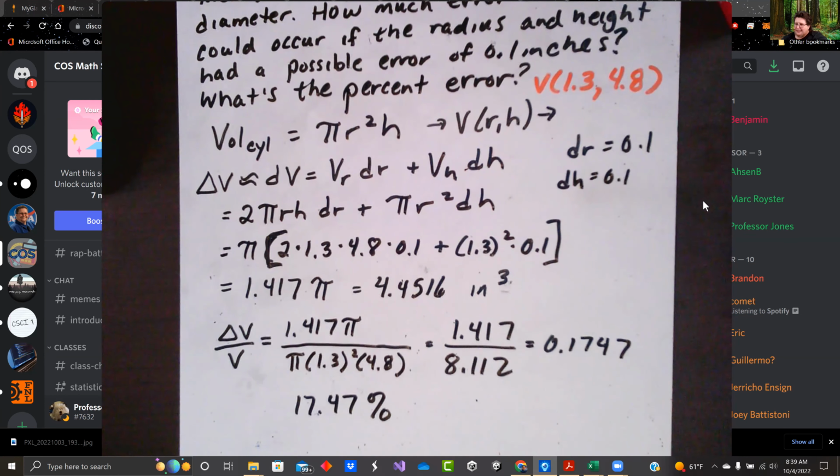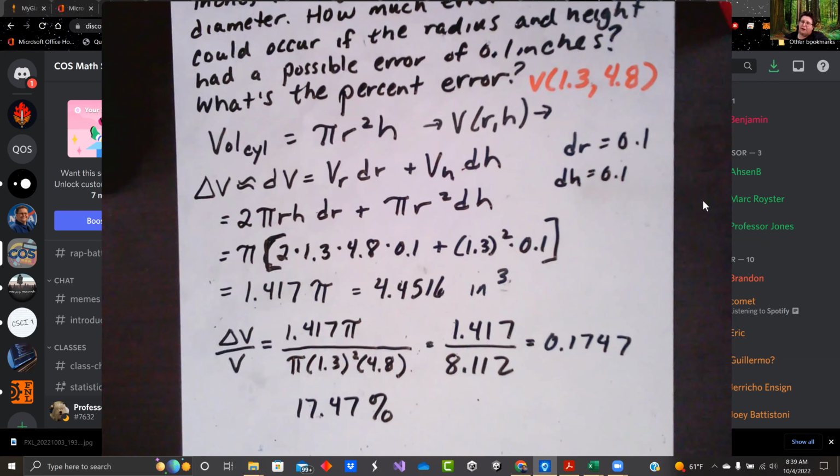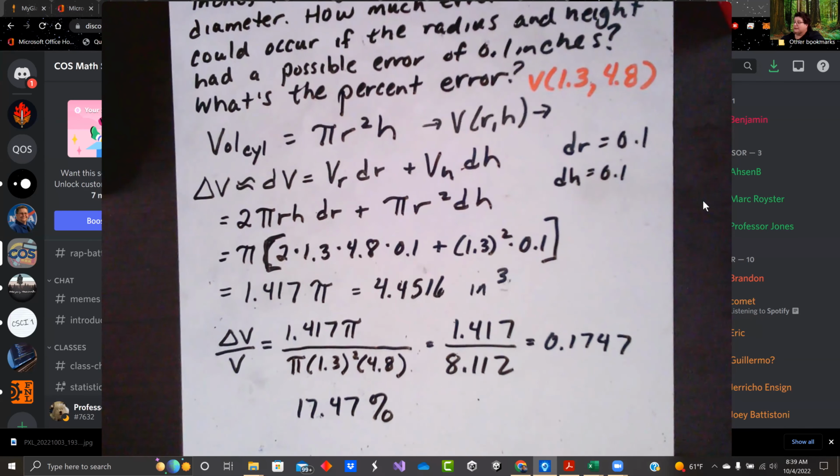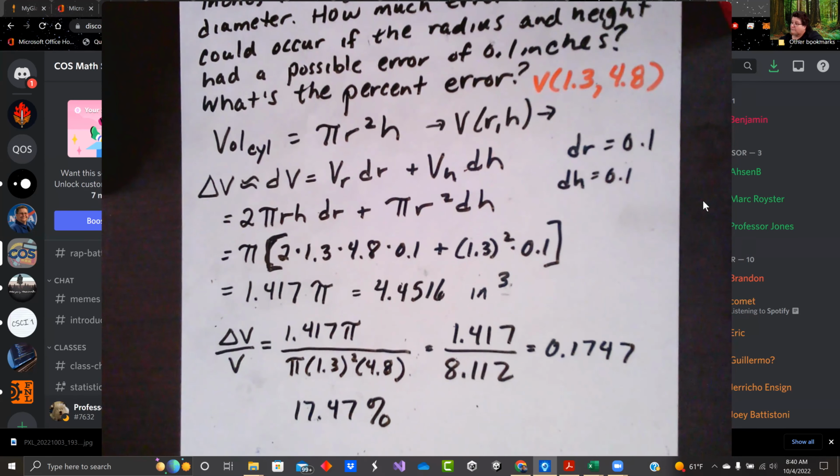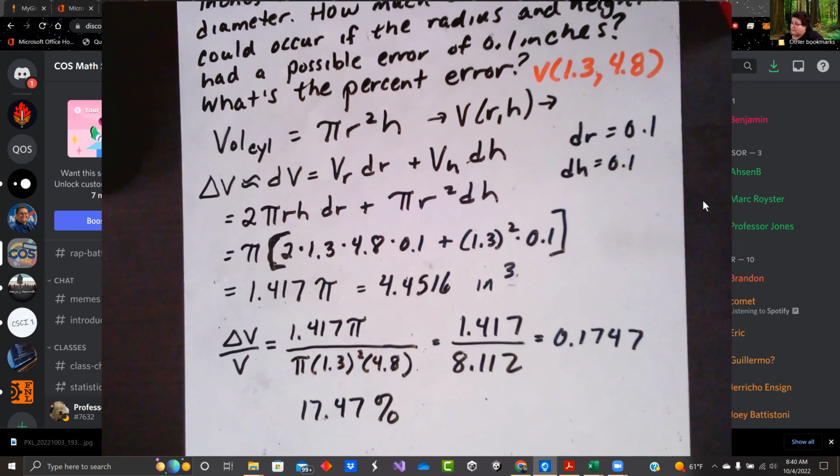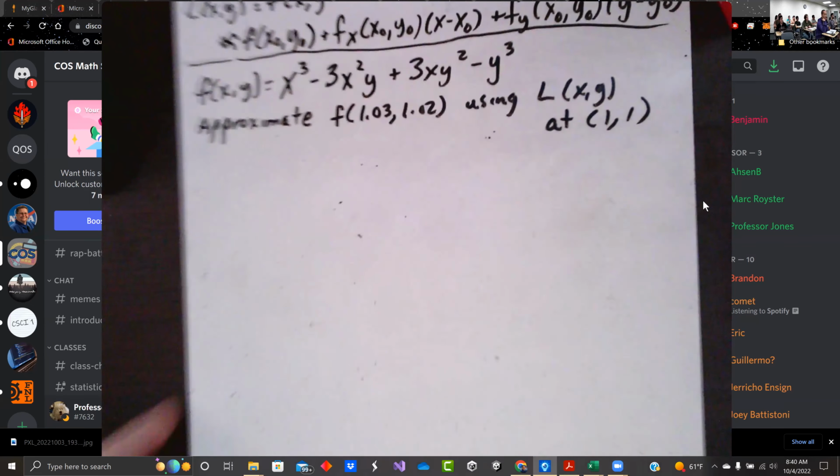It was 2.6 inches in diameter, and a possible error of 0.2 is almost 10% error in the radius. And the effect of the radius on the volume is squared, so it is a pretty large thing.